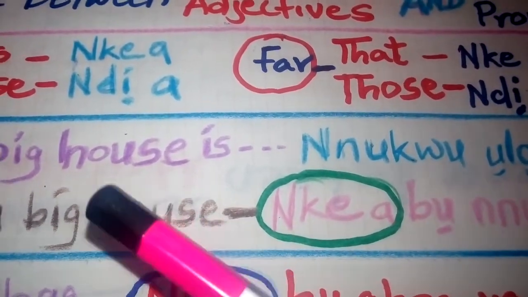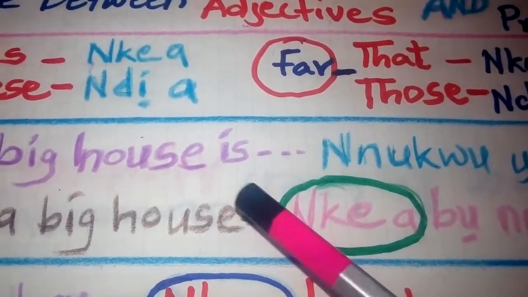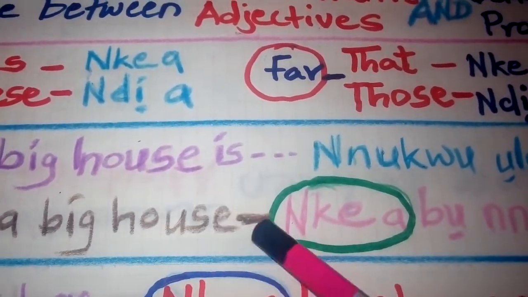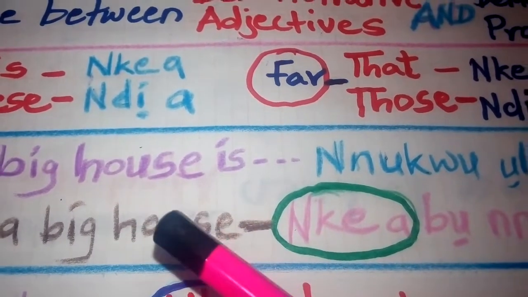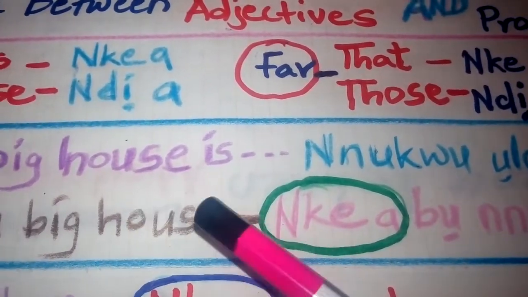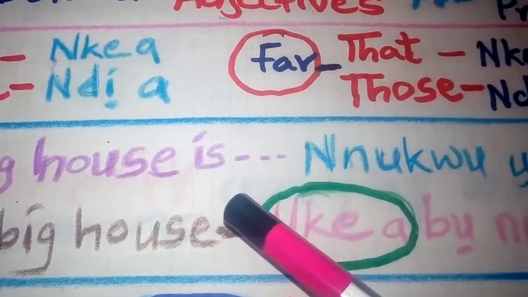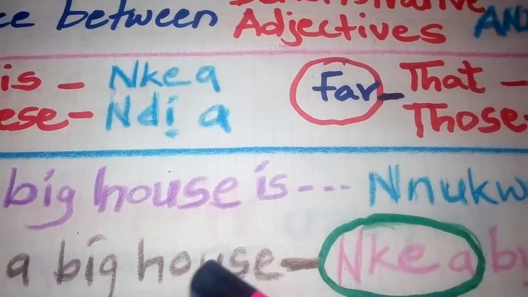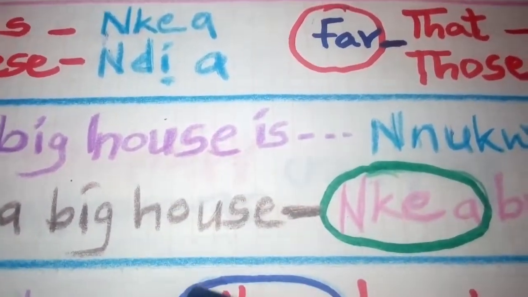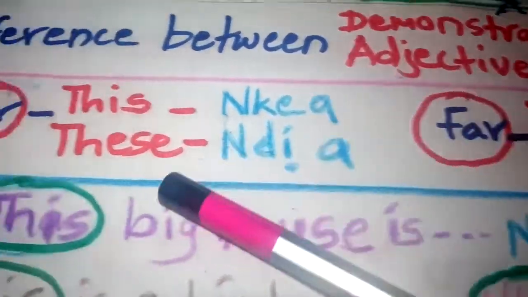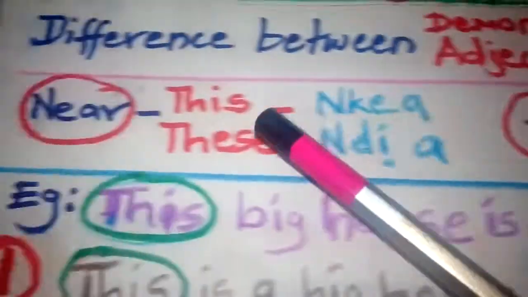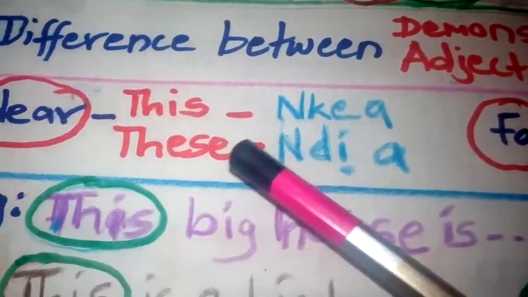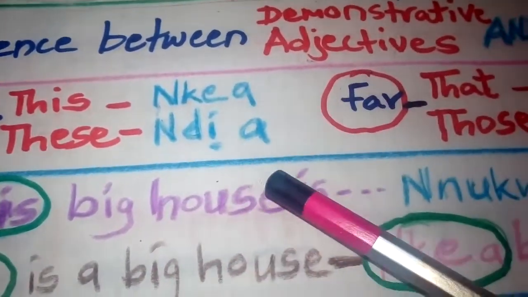Demonstrative pronoun and demonstrative adjective have some things in common, like both of them try to point at the position of a noun or a pronoun in a sentence by use of words that show near and far: this and that, these and those, far and near.